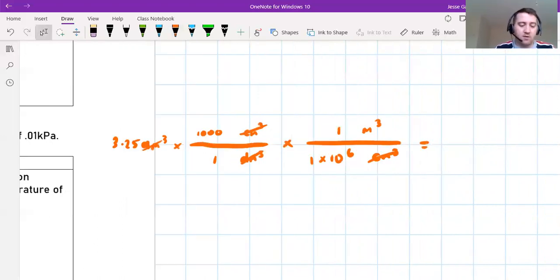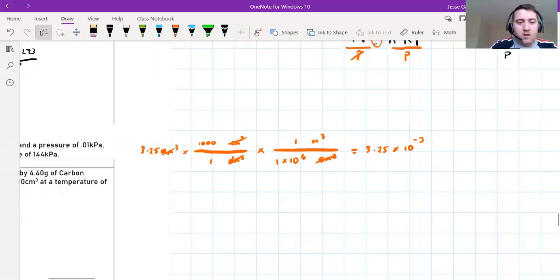So 3.25 times 1,000 over 1 times 1 over 10 to the 6 equals. All right, so we're going to get 3.25 times 10 to the minus 3. Okay, that is meters cubed.